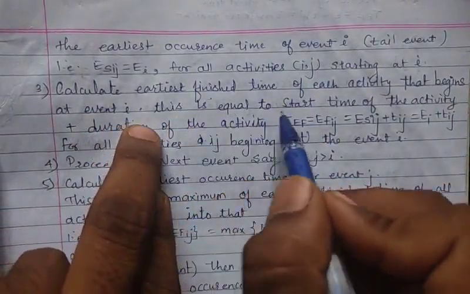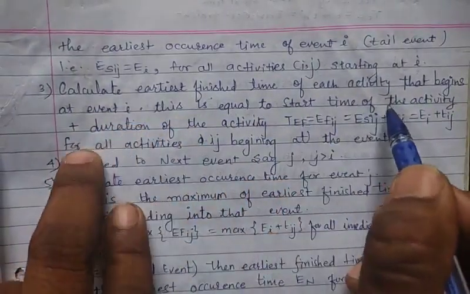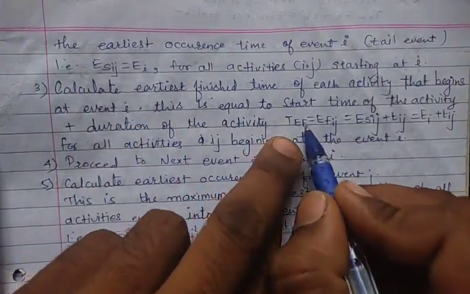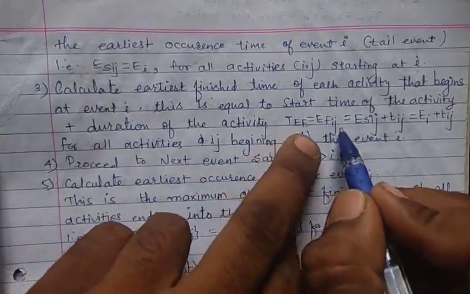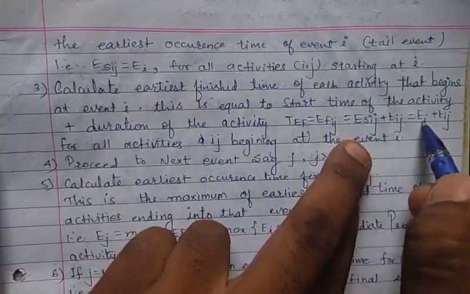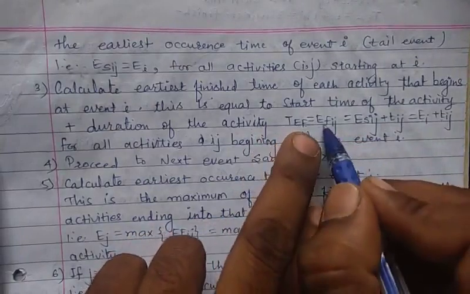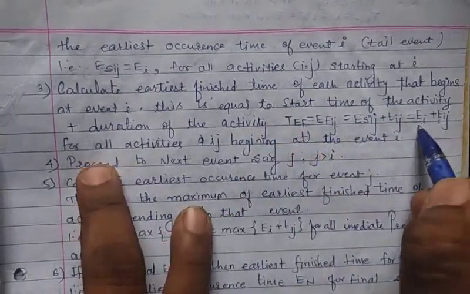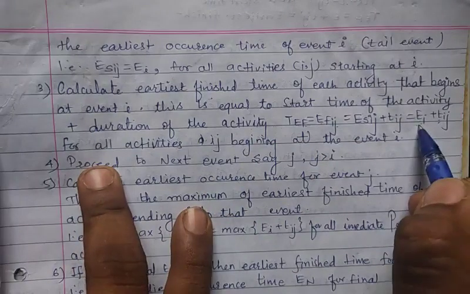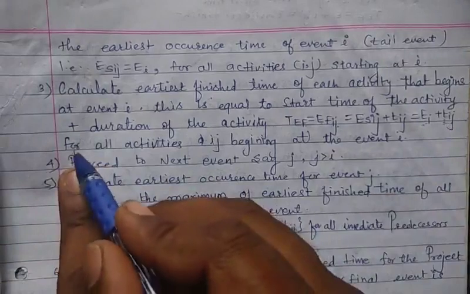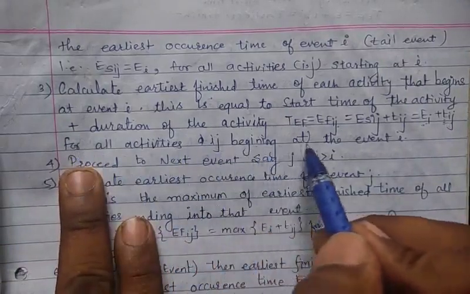This is equal to the start time of the activity plus the duration of the activity. That is, the formula is EFij equal to ESij plus Tij, that is Ei plus Tij, for all activities ij beginning at event i.